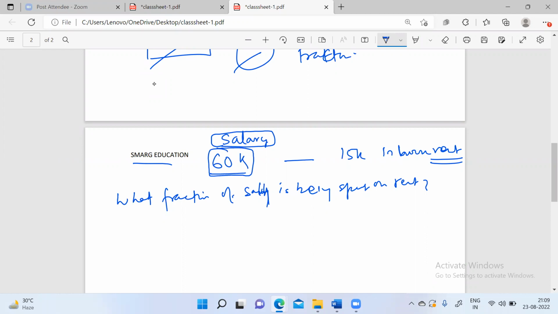This is the whole complete salary, and 15,000 is being spent on house rent. If I ask what part of the salary is being spent on rent, tell me quickly.